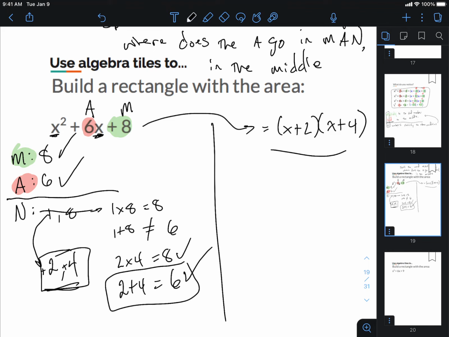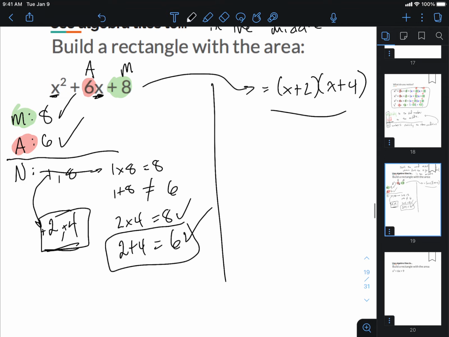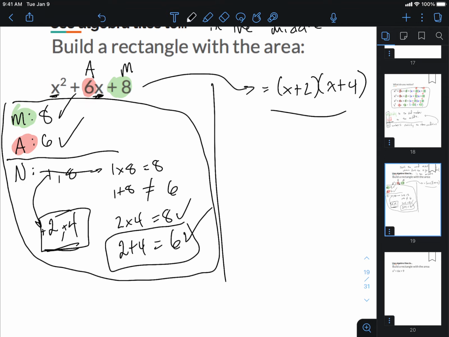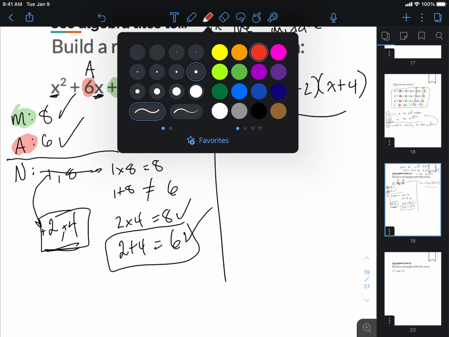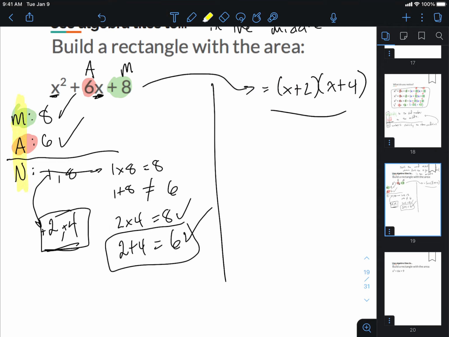Whereas in a classroom, if I only gave you a package of algebra tiles, you might only have 10 of these things in total, right? And so then you'd be stuck. So I show you this because this is the algebra stuff, and we need to know how to do this for the bigger questions. Okay. This idea of this man method is very important.